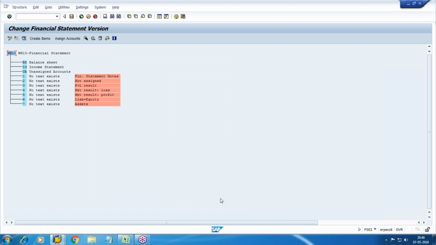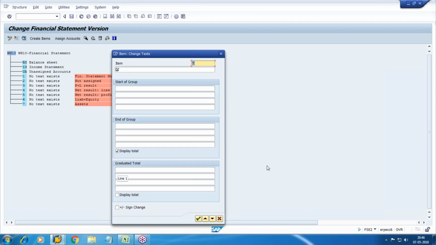Now change these categories. That means for example, let's change it first.